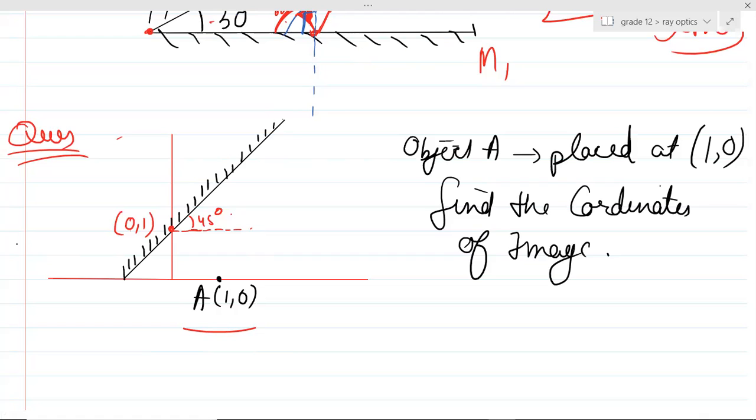Now there are some questions which are based on the velocity of the object and the velocity of the image in a plane mirror. So we'll do that and we'll be done with it. Acha, by the way, velocity is a JEE concept. Do you want me to teach it now, or shall I teach it later on? Shall I teach it now only, no? And guys, have you studied?